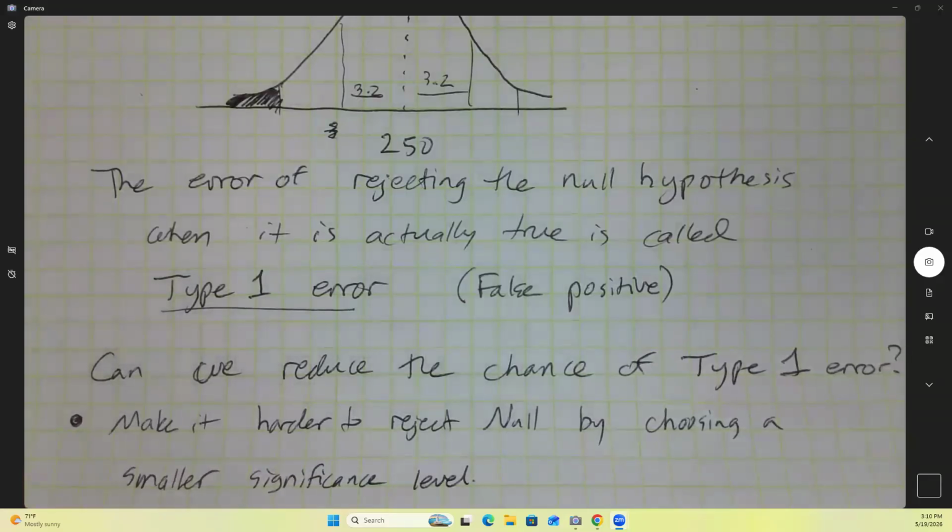Any other ideas? Collect more data. Why stop with 32? If we're worried about getting the wrong result, we could go out and we could collect 70, right? Because then our estimates are going to be more accurate.